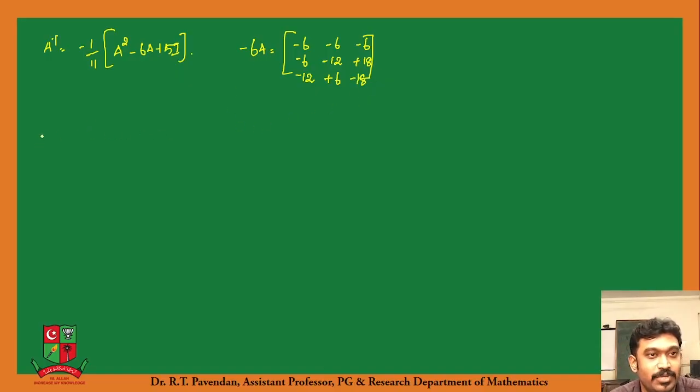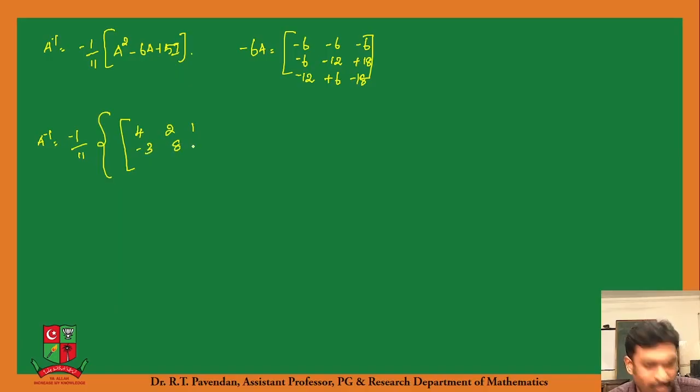So if I substitute here, A inverse is equal to minus 1 by 11. Let me take curly braces here. The A square value is 4, 2, 1, minus 3, 8, minus 14, 7, minus 3, plus 14. That is your A square matrix.